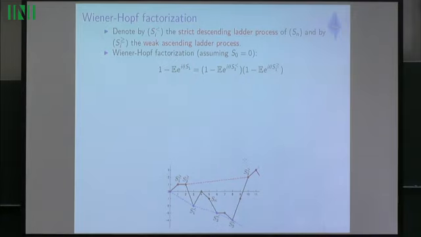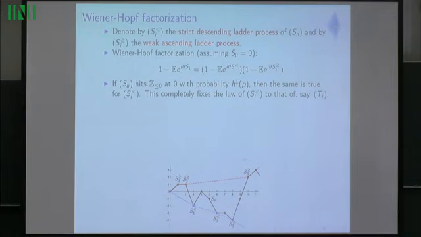And then it's a classical result in random walks that if you know the law of the ascending and the descending ladder process, then you also know the law of the random walk itself. And more precisely, the characteristic function of the random walk factorizes into the characteristic functions of the descending and ascending ladder processes.